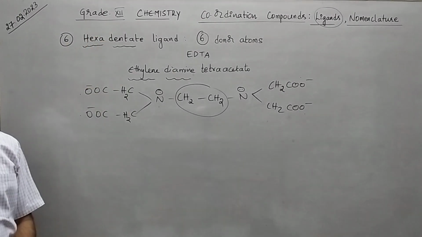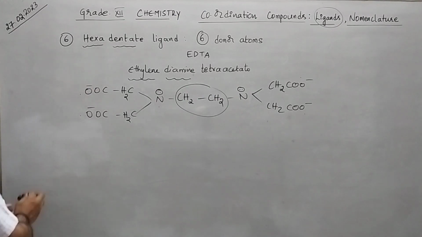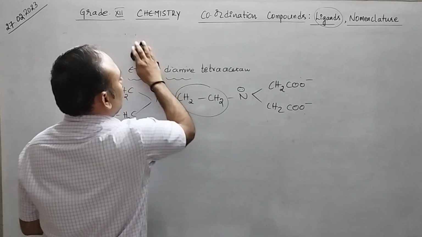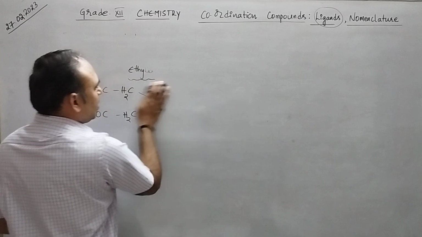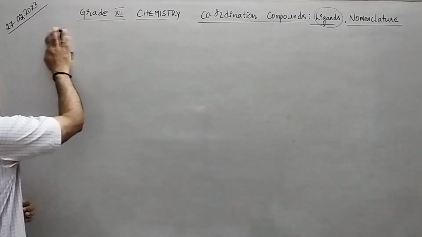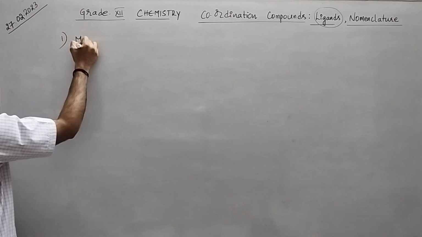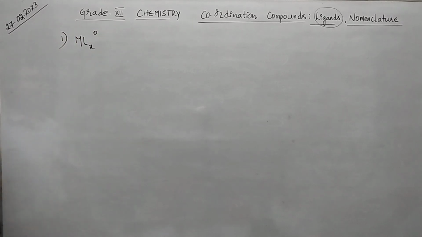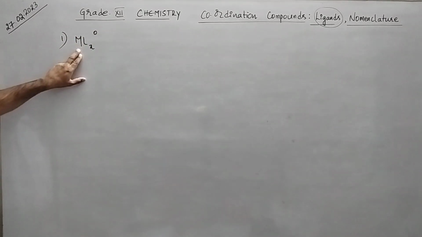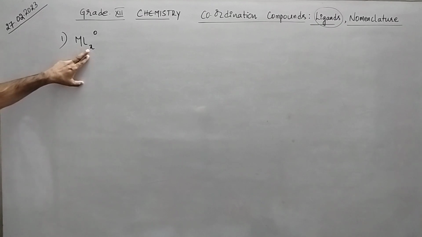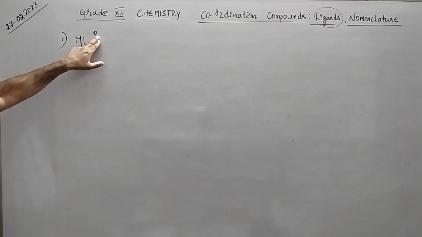Now let us see the nomenclature. So how do you write nomenclature for coordinate complexes? In the previous class we have discussed that there are 3 types. First one is MLx with zero charge. M is metal atom or ion, L is ligand, x is number of ligands, and this will be neutral.